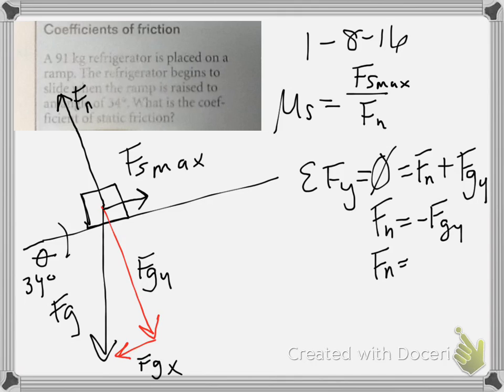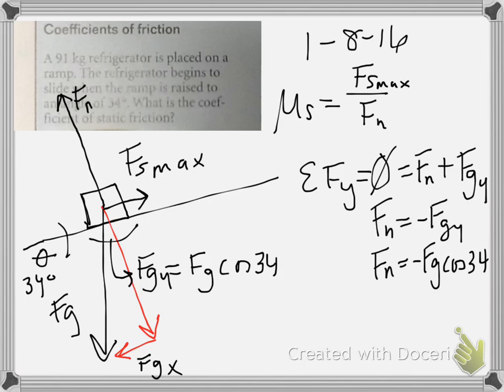Fn, we can write an expression for F of gy, which is Fg cosine 34, cosine theta. And of course, that's Fn equals the negative of mass times gravity times cosine 34.